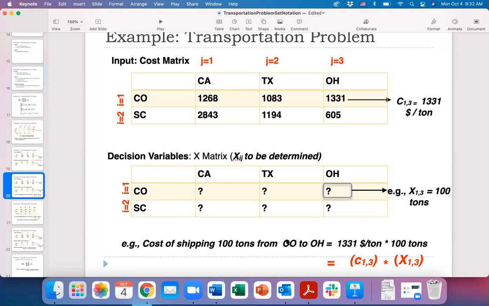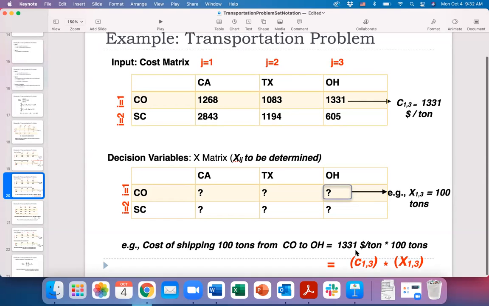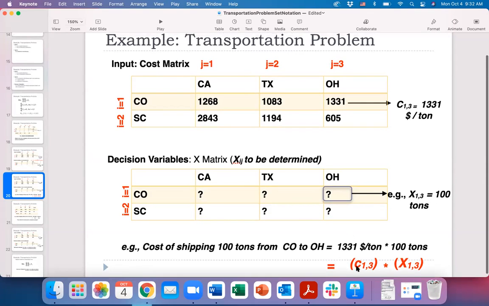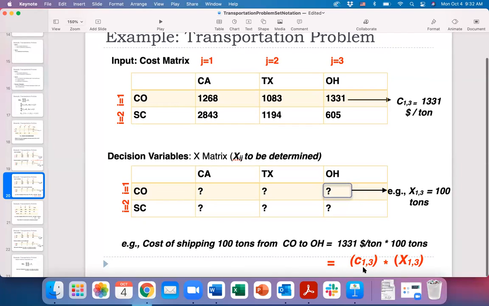That'll give us just the cost between this pair, this Colorado-Ohio pair, this origin and destination pair. And if we wanted to write this the lazy way, not write 1331 times 100 tons, we just refer to this as C, the unit shipment cost, from Colorado, index 1, to Ohio, index 3, times 100 tons. The 100 tons was given in this slide for illustration purposes.